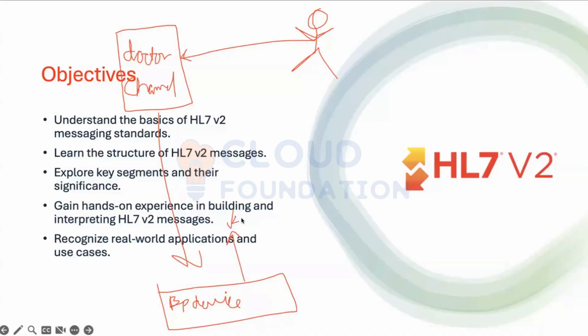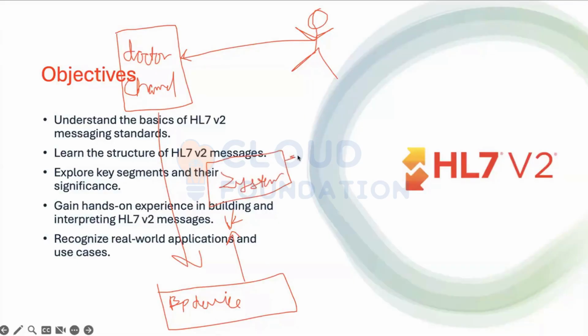Before this HL7 version 2 message reaches the doctor's channel, we will have a system in place. This is where our part comes in. We will transform this. Basically, this is the system we will put in.